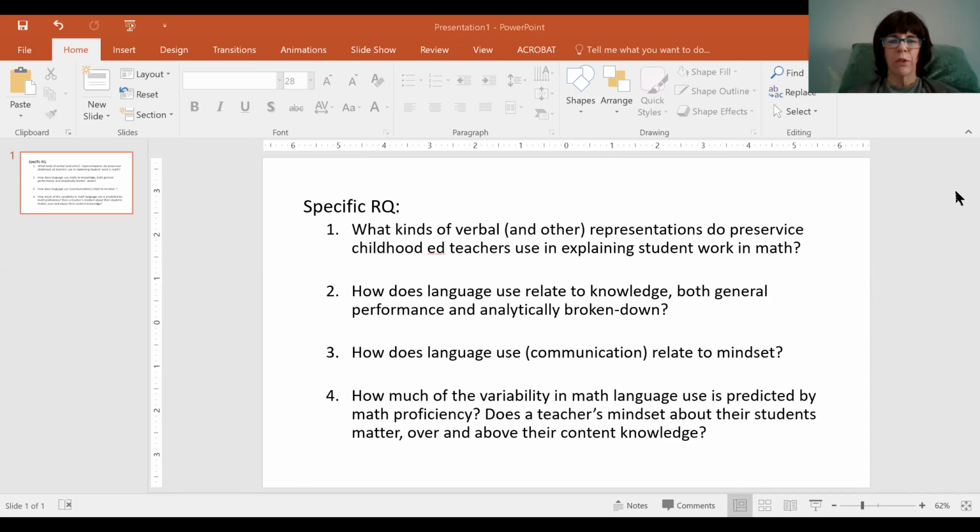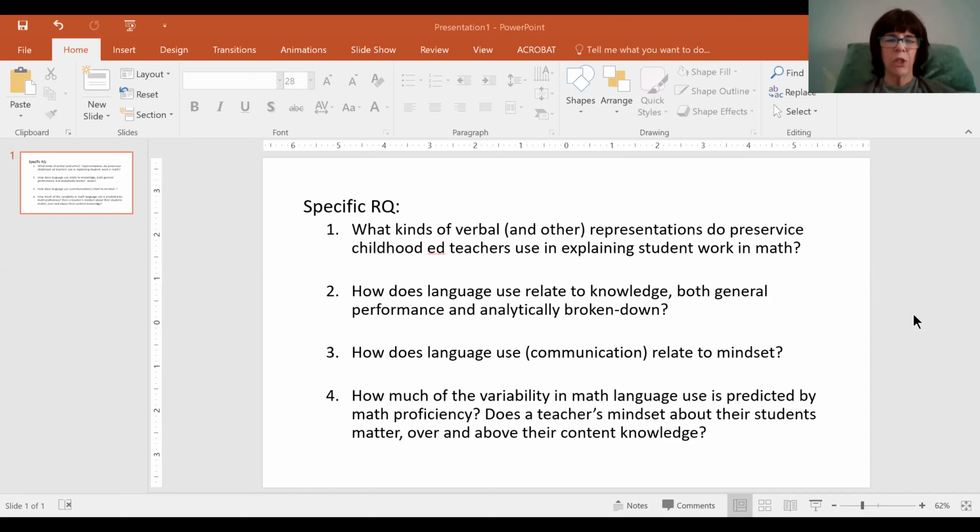And so we're going to look at the bivariate correlations among language use, general math performance, math procedural understanding, math conceptual understanding, and mindset. We're actually going to use 5 of the variables in the data.